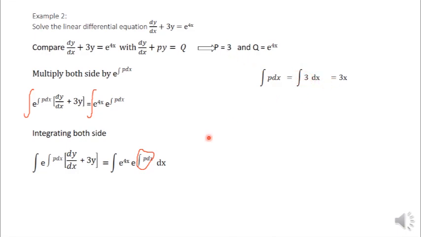So this is the integral of e raised to the power of 3x. Where do we get the 3x? You should not forget integral of p dx equals 3x. The integral of e raised to the power of 4x is multiplied by e raised to the power of 3x. So this is what we have.